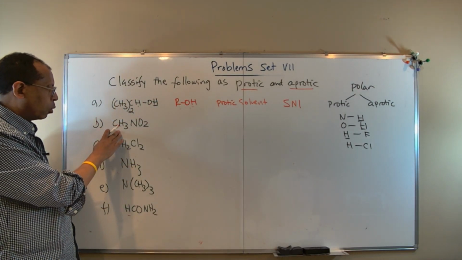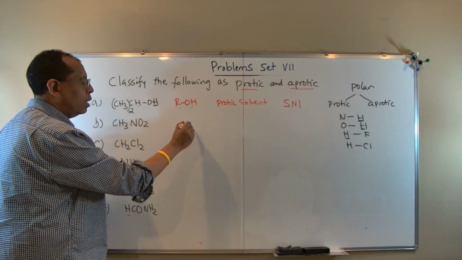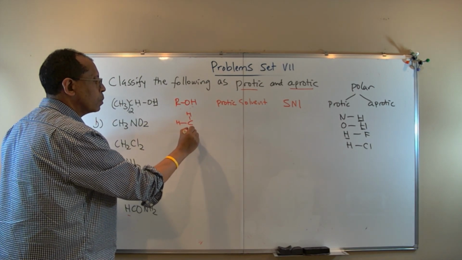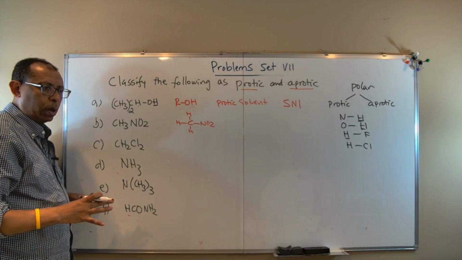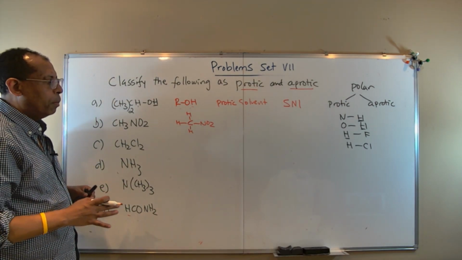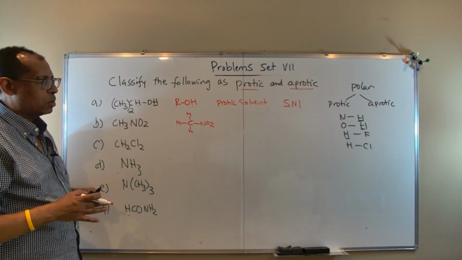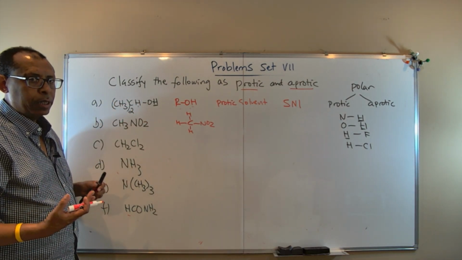Here you have nitromethane. The structure of nitromethane is like this, with NO2. Obviously it is a polar solvent, but the hydrogens are not on an electronegative atom, so they are not capable of hydrogen bonding.